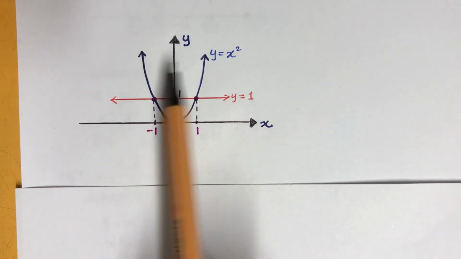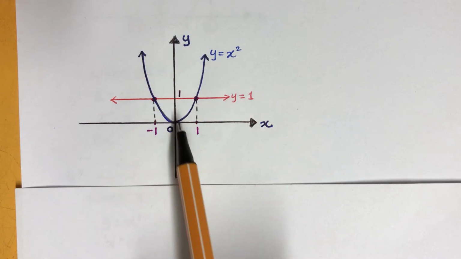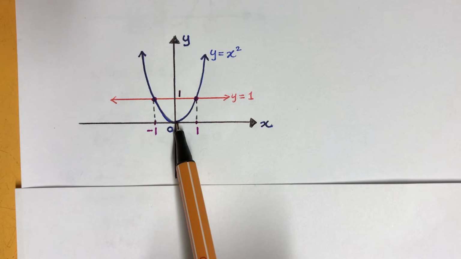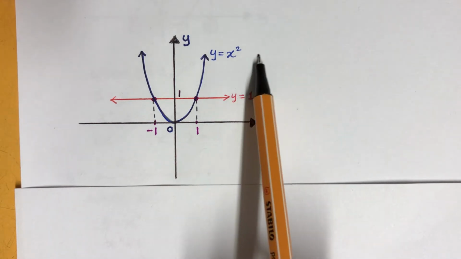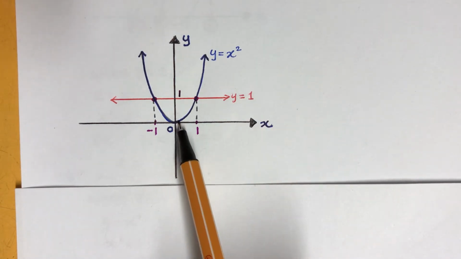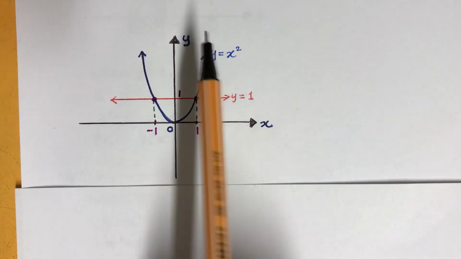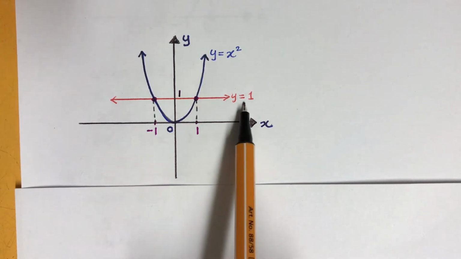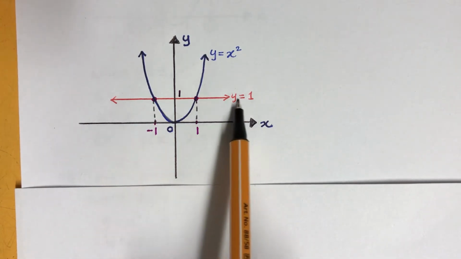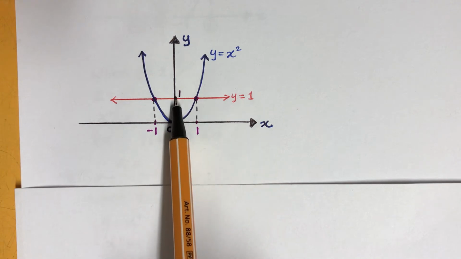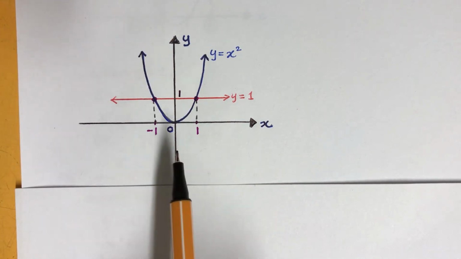First, I sketched y equals x squared, which is a parabola, and the vertex is at 0, 0, because it's a plus 0. It doesn't go up or down, it stays on the x-axis here. And then I sketched y equals 1, that's a horizontal line, going through 1 on the y-axis.